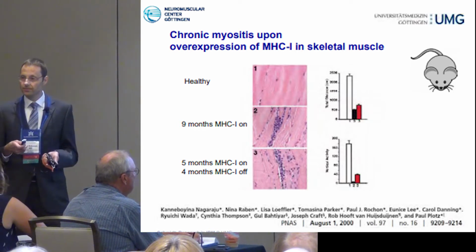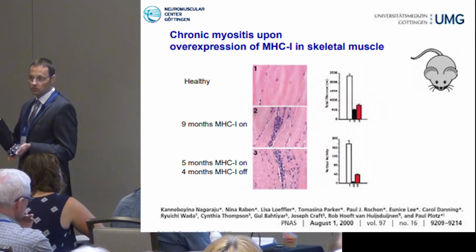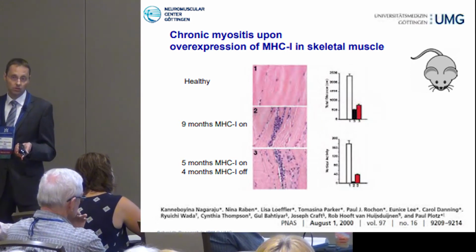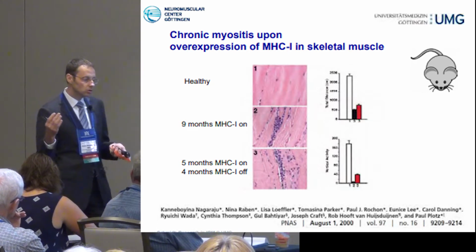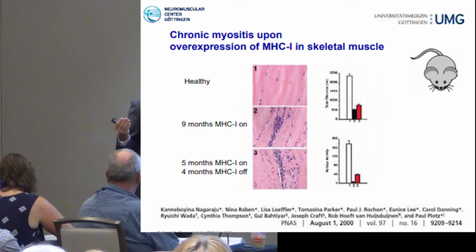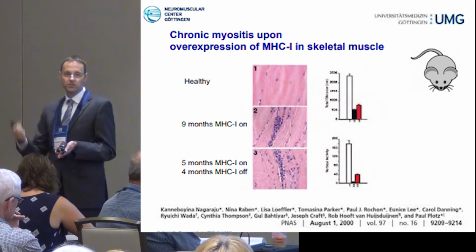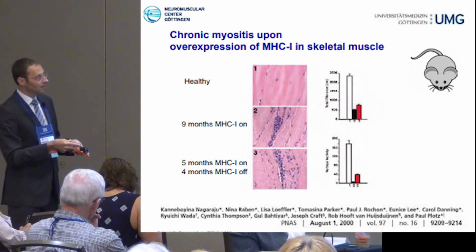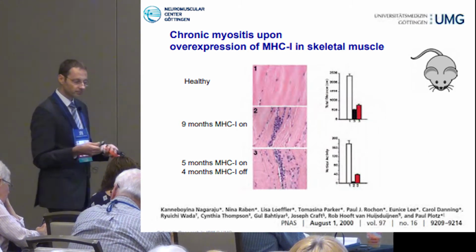What they did is they designed a transgenic mouse with an overexpression of MHC1, which is a key molecule of muscle cells and other cells to distinguish between self and non-self. And they pumped up the system, and there was inflammation in response to this.